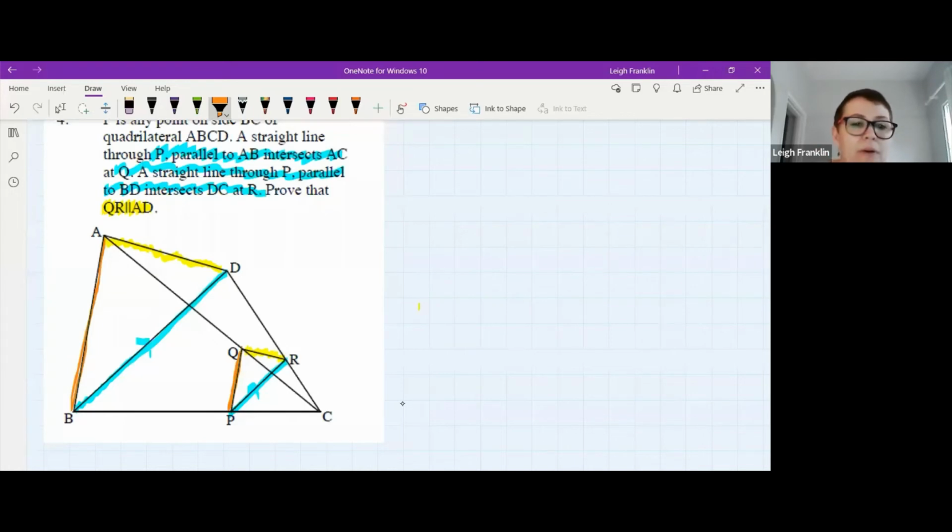So if AB is parallel to QP, in which triangle can I work? If AB is parallel to QP, then I am allowed to work in triangle ABC, because I can apply the proportionality intercept theorem in this case, since this line over here is parallel to that line over there. The other triangle that I can work in, that I can apply proportionality intercept theorem into, is triangle DBC.